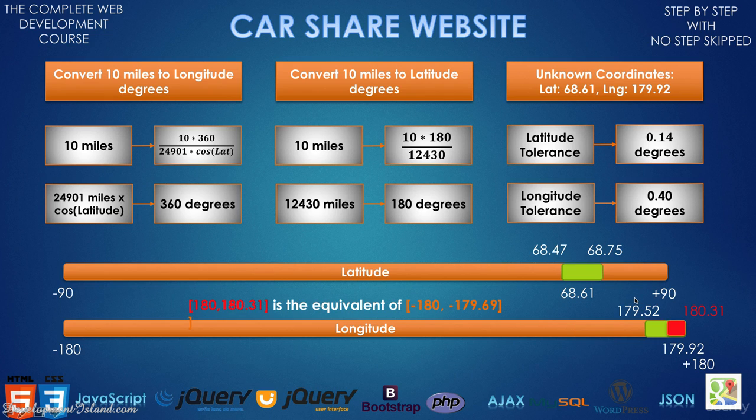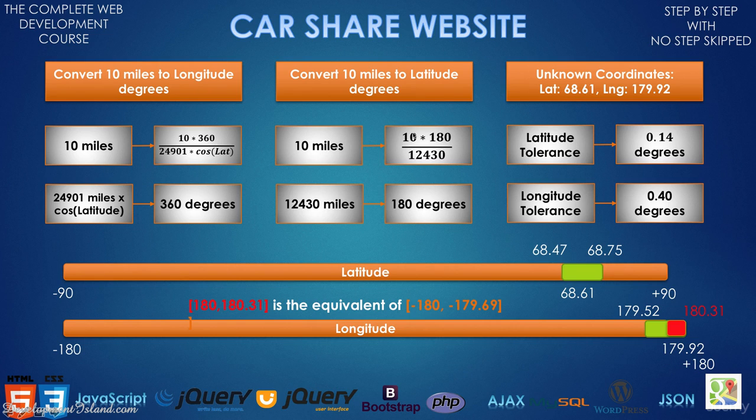Now let's pick up another example, but this time a strange example. This is a location somewhere. I don't know the name of the location. So the latitude is going to be 68.61, and the longitude this time is going to be very close to 180.